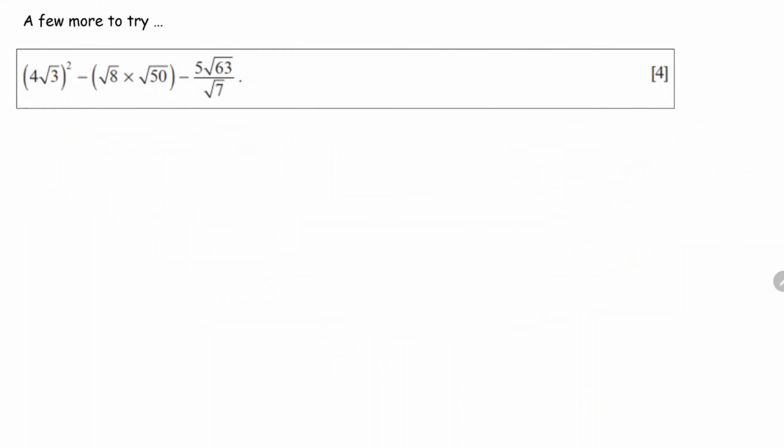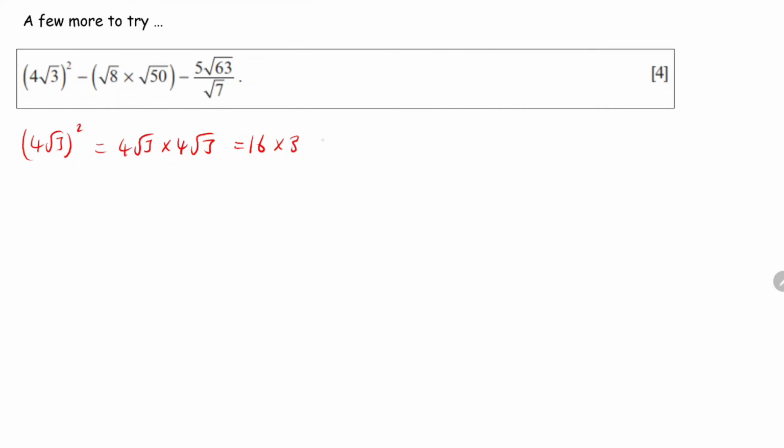And the next question. So we have 4 root 3 squared, which becomes 4 root 3 times 4 root 3. 4 times 4 is 16. Root 3 times root 3 is 3.